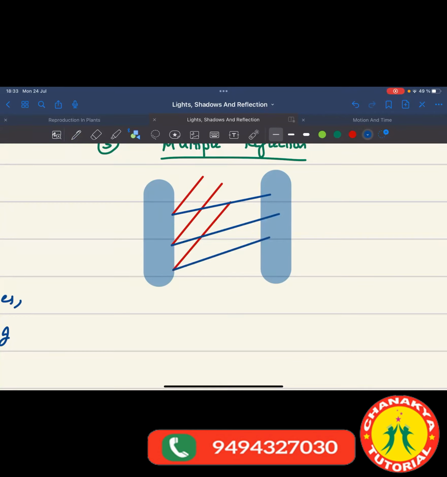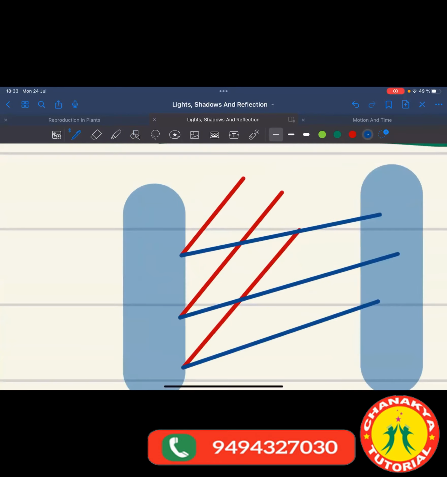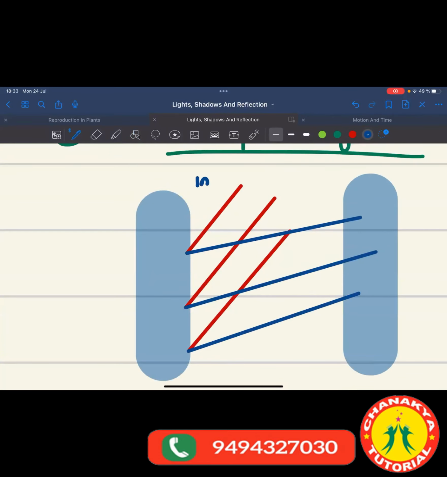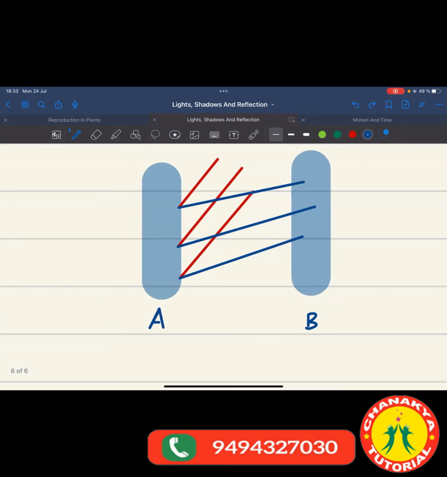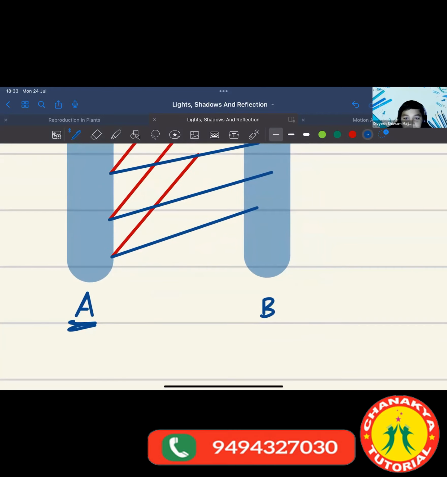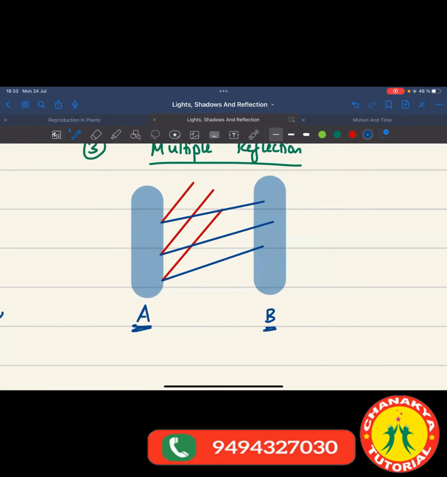This is mirror A and this is mirror B. Now this red line is the incident ray for mirror A, but the blue line is the reflected light for mirror A. But the blue light is the incident light ray for mirror B. Do you get it? Yes, ma'am.